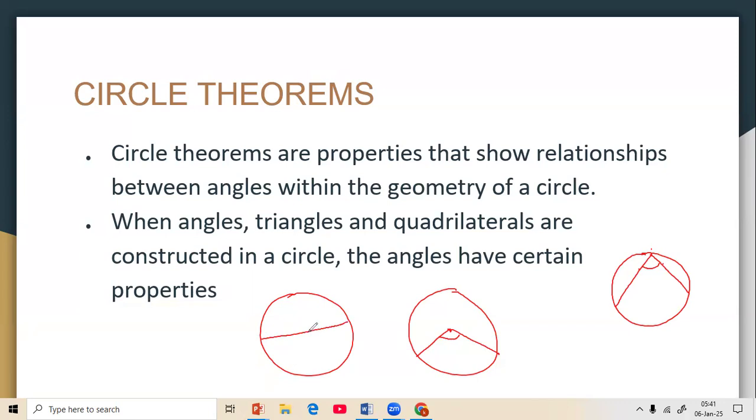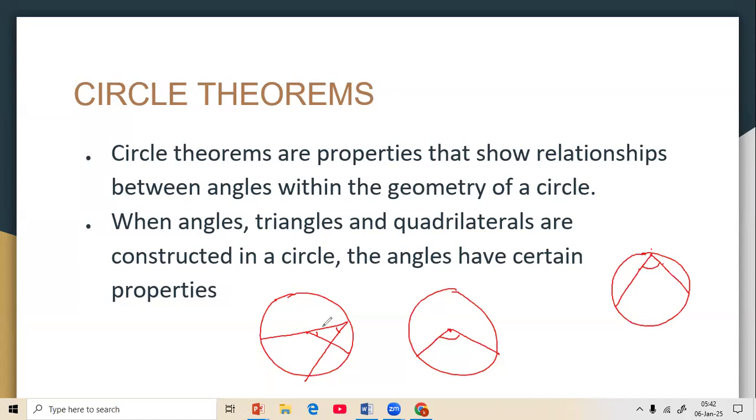When I draw another line here as a chord, you are noticing that I'm forming some angles. So under circle theorems, we want to verify that kind of relationship that exists between the angles we are going to be forming within these circles.